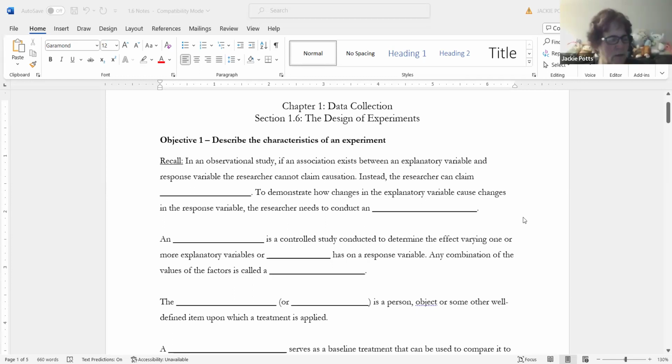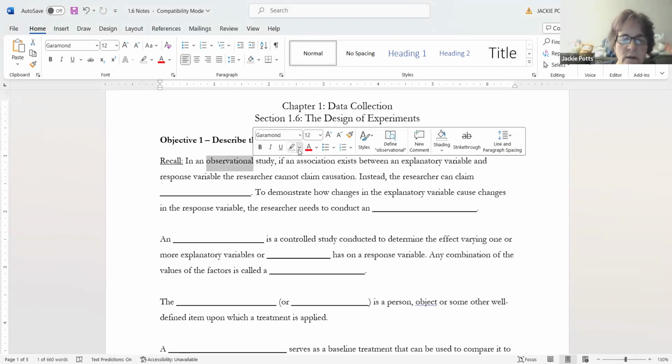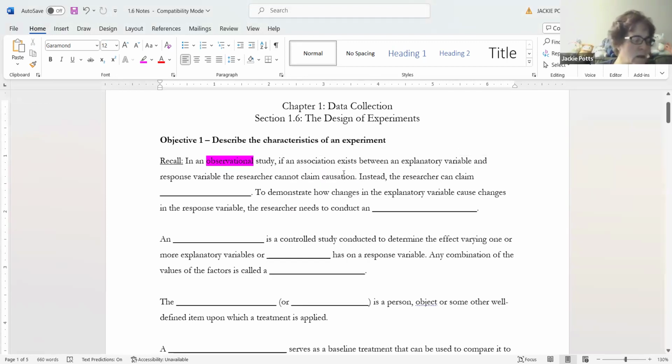Let's talk 1.6. In 1.6, we're going to start delving into design experiments. But a quick refresher: we talked previously that in an observational study, we can state that there's an association between the explanatory variable and the response variable. Explanatory variable is what we are observing to see what happens with the response.